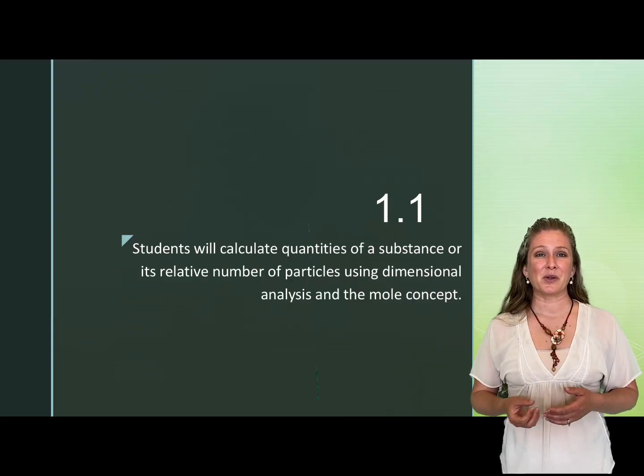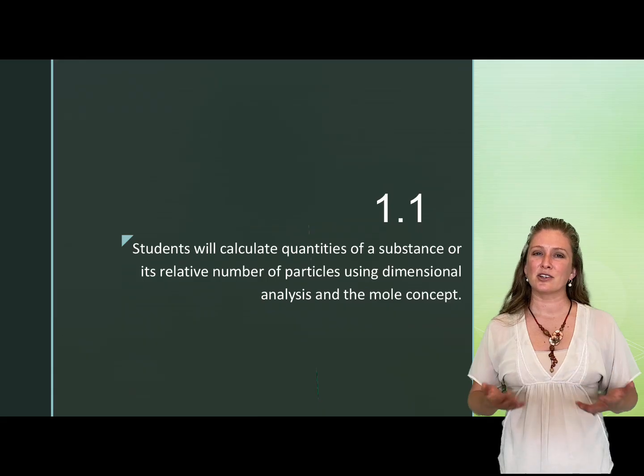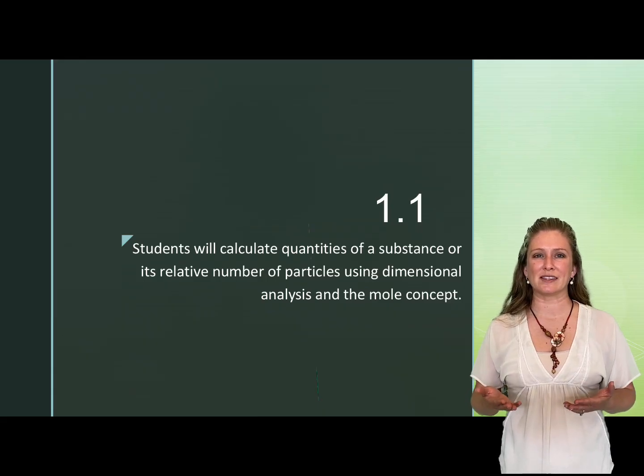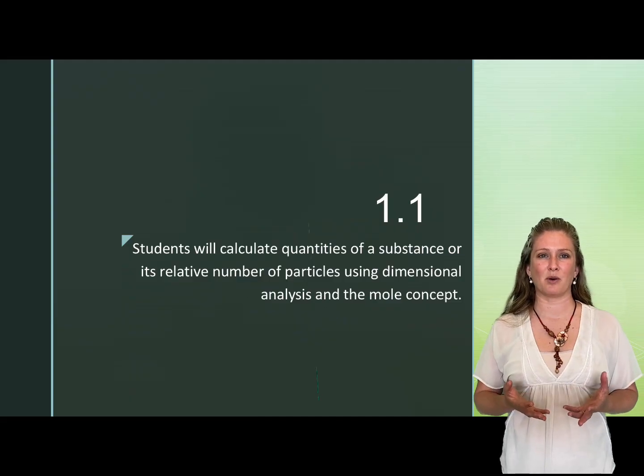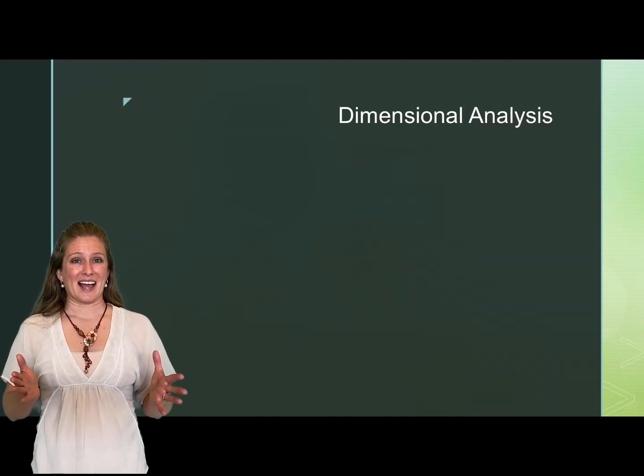This first learning goal is about dimensional analysis and the mole concept. And you're a student of chemistry, so you've seen this before. But let's review what is dimensional analysis and what is a mole. So what is dimensional analysis?